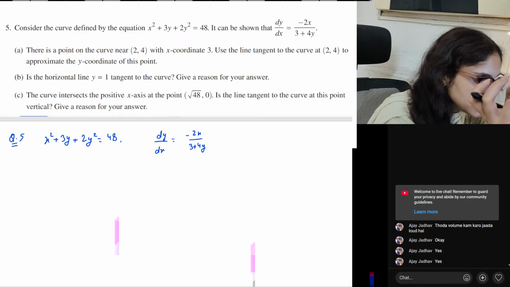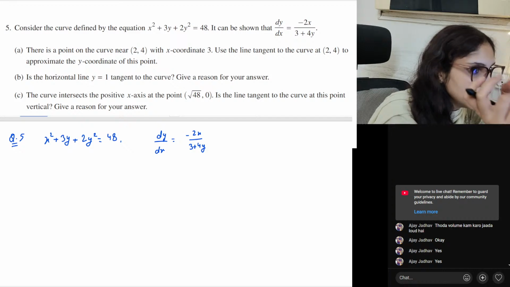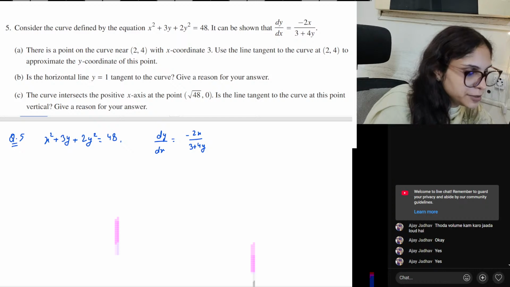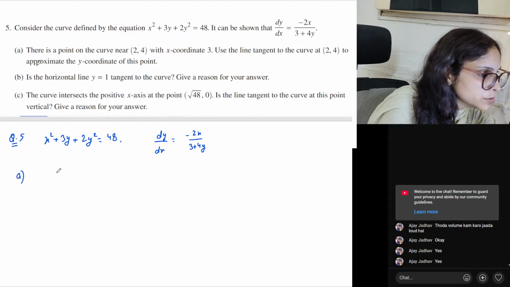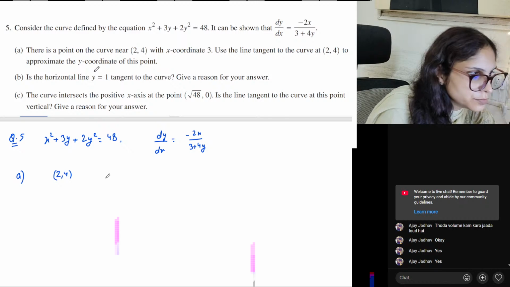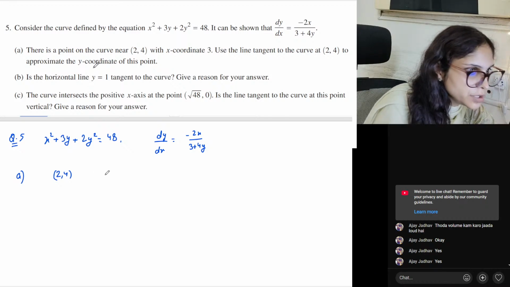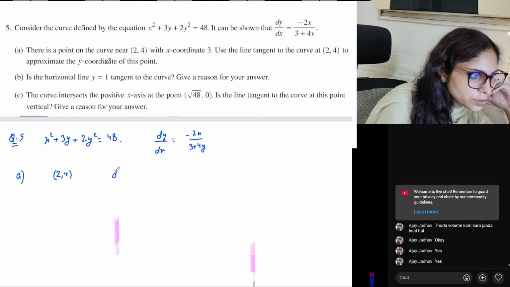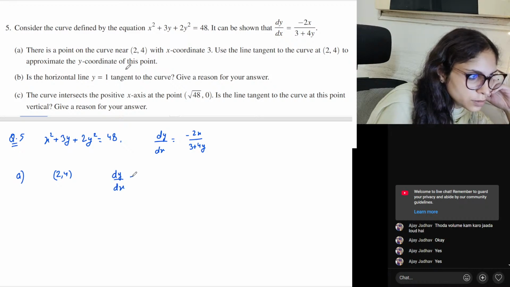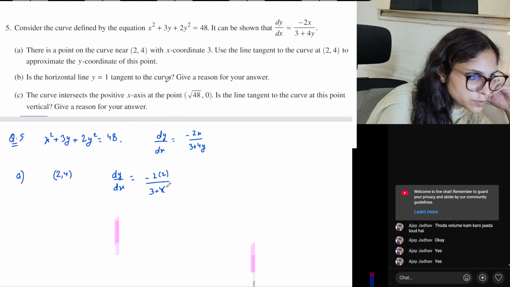X coordinate is 3. Use a line tangent to the curve at 2, 4 to approximate the y coordinate of this point. Alright. So 2, 4 is given to you. So from here, when the point is 2, 4, dy over dx is going to be negative 2 times 2 over 3 plus 4 times 4.